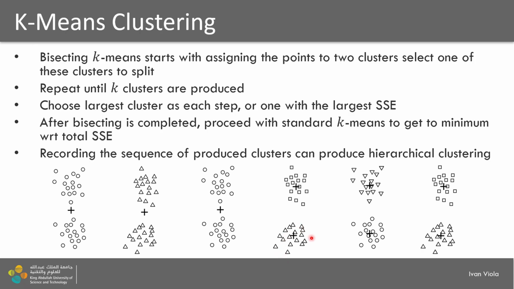So we have now three clusters, and then we might again use the strategy of either cluster size or the largest sum of squared errors, and then we also split the other cluster, and we repeat it until k clusters are produced.